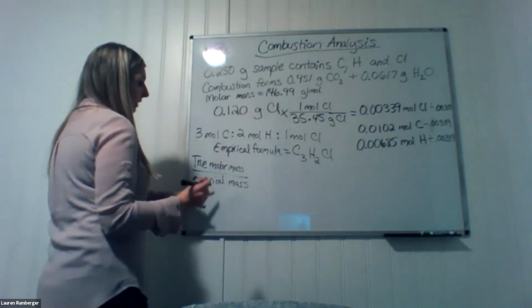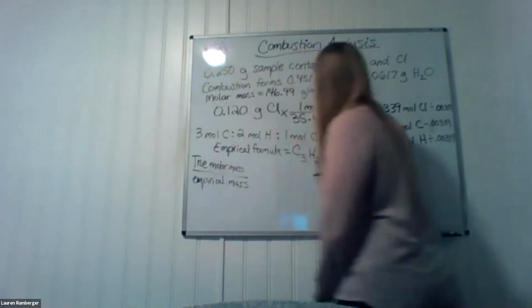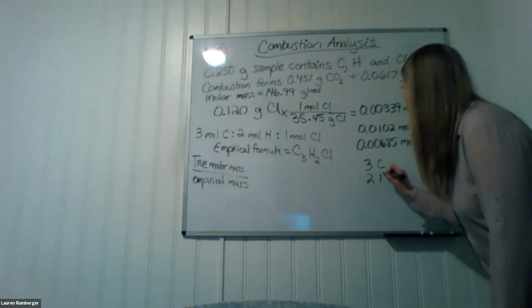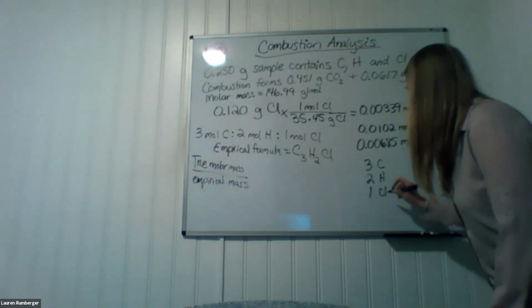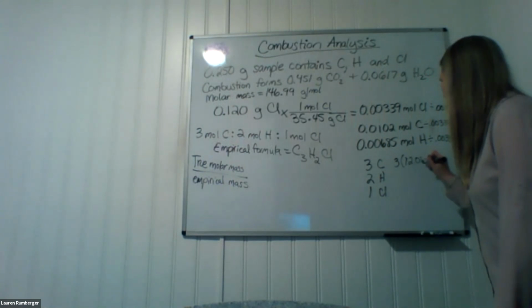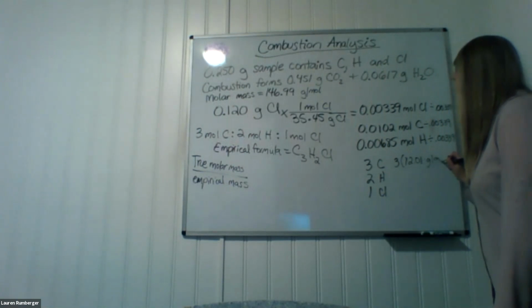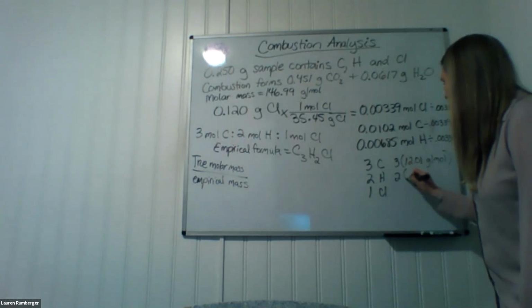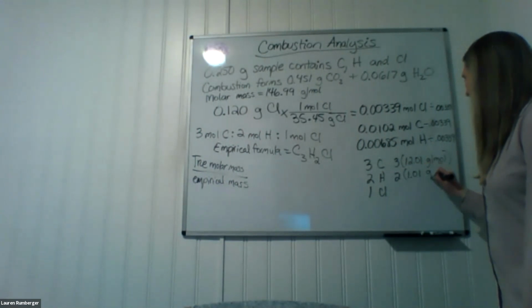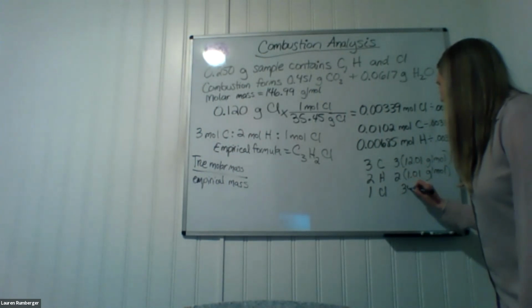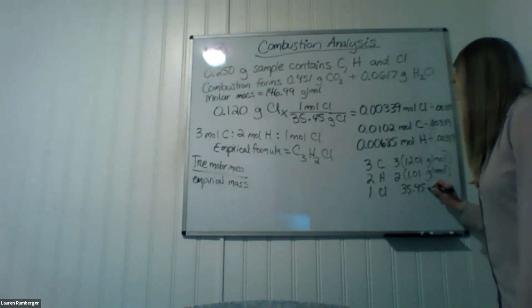Okay, so let's calculate the empirical formula mass. 3 carbons, 2 hydrogens, 1 chlorine. So that's going to be 3 times 12.01 grams per mole, 2 times 1.01 grams per mole, and then 35.45 grams per mole.